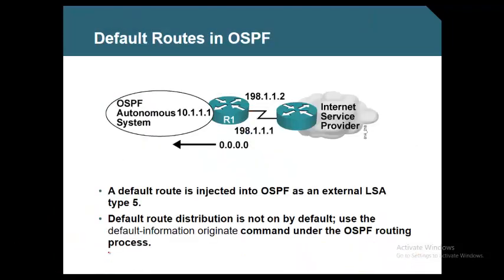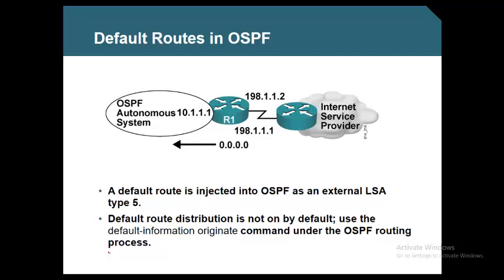OSPF can also provide a default route. You remember in EIGRP you did the default network command, which was advertising the default route to every router in EIGRP. Likewise, OSPF can also advertise the default route to every router in the OSPF domain.